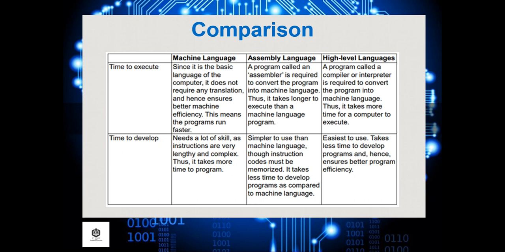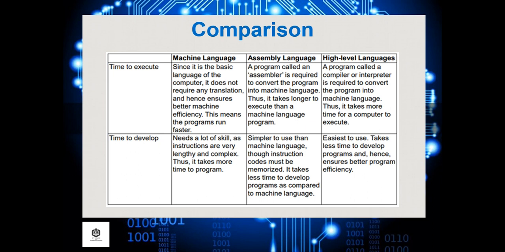In assembly language, a program called an assembler is required to convert the program into machine language. Thus, it takes longer to execute than a machine language program. In high-level language, a program called a compiler or interpreter is required to convert the program into machine language. Thus, it takes more time for a computer to execute.